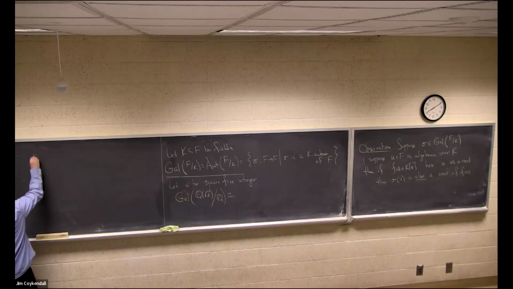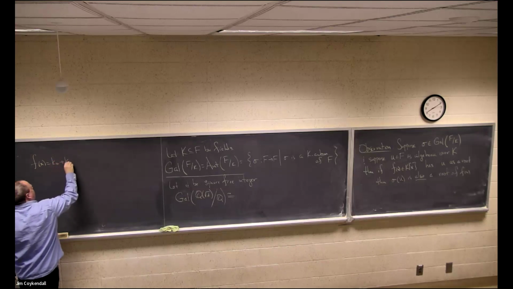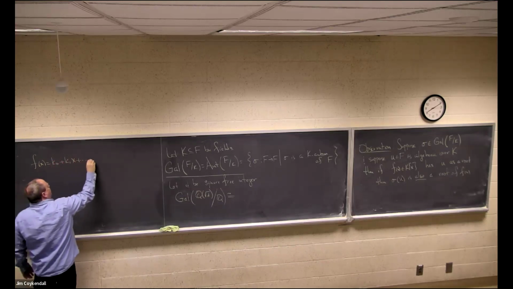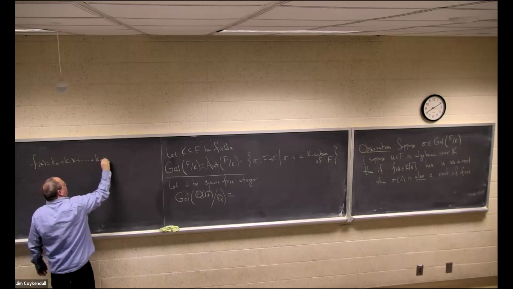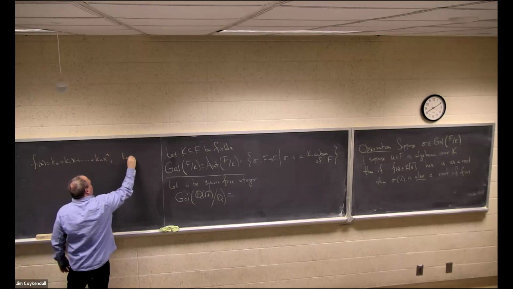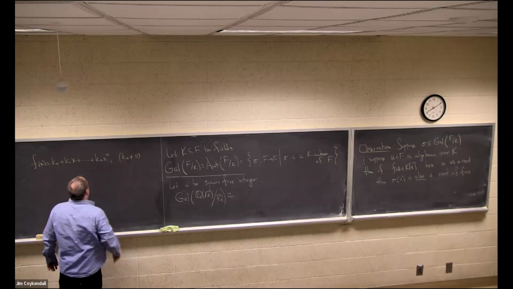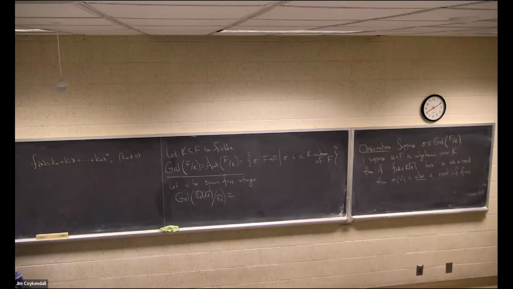So let f(x) be a polynomial. Well, the fact that u is a root means f(u) = 0.